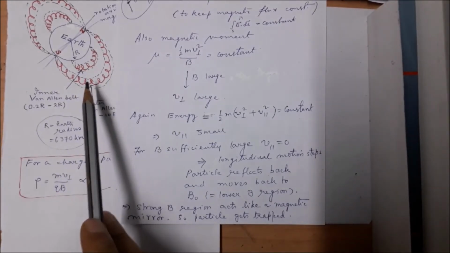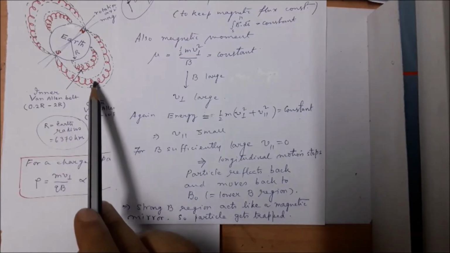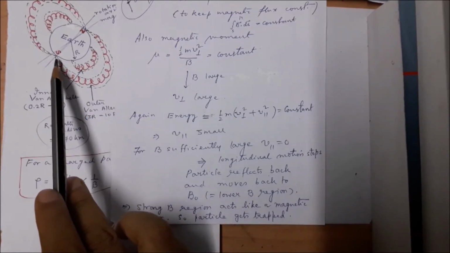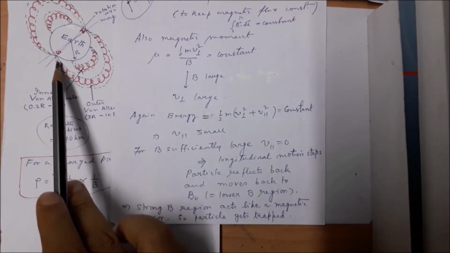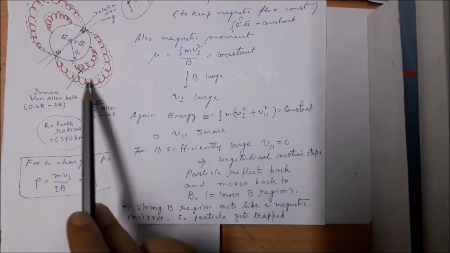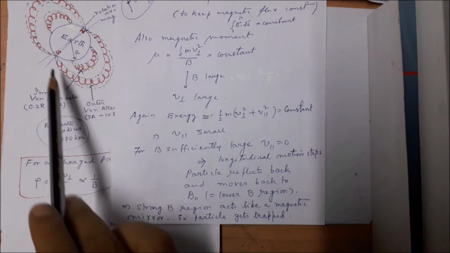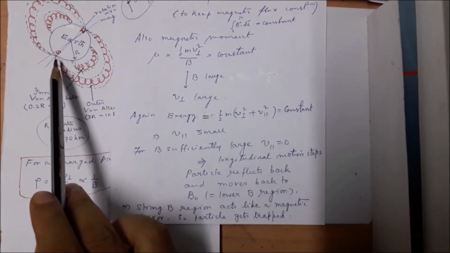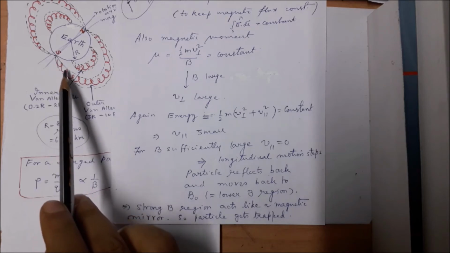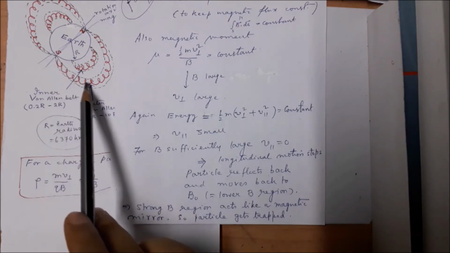So the charged particle now starts to move back in helical path again from strong field to weak field. So the journey is like from low B to strong B, and then from strong B to low B. In other words, as it moves from low B to a strong B, it suffers a reflection at high B or strong B, and then it retraces its path.